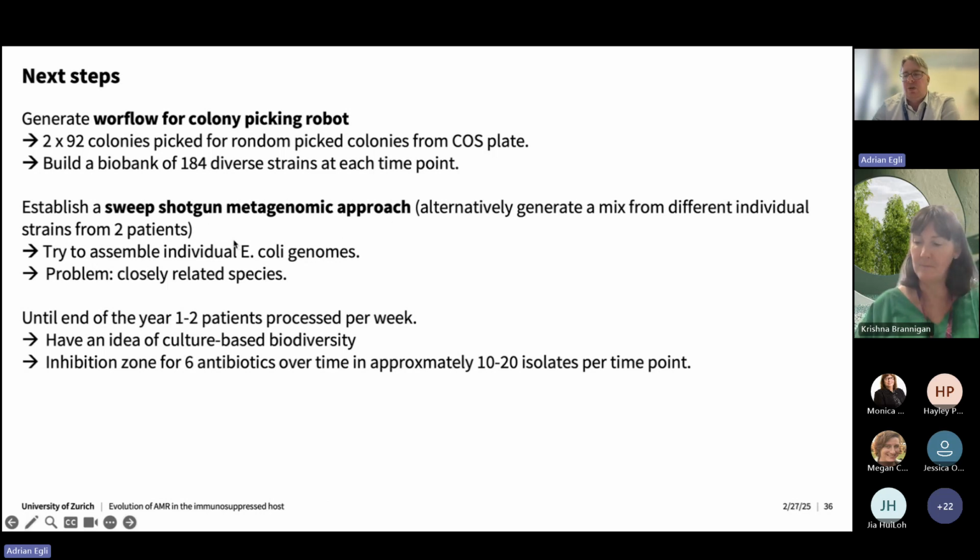So I would be totally interested to follow this technology up and see if this would be a way how we could separate individual E. coli strains from a sweep collection from these plates. And until the end of the year, I hope that she can process 1 to 2 patients per week. And then we have, towards the end of the year, this cohort worked up.